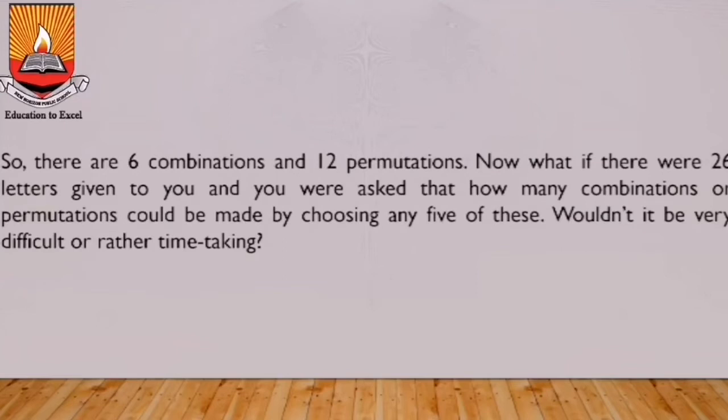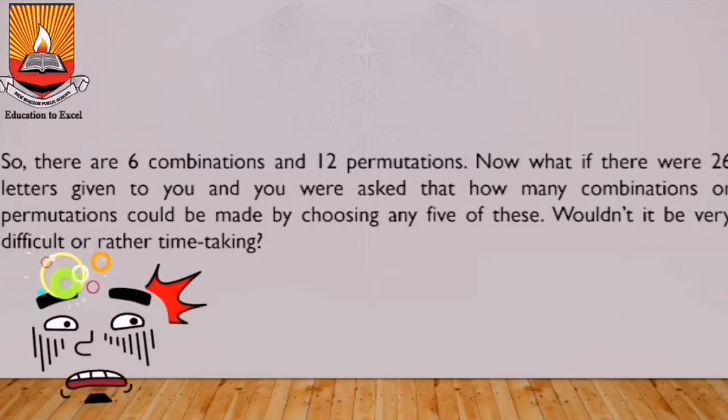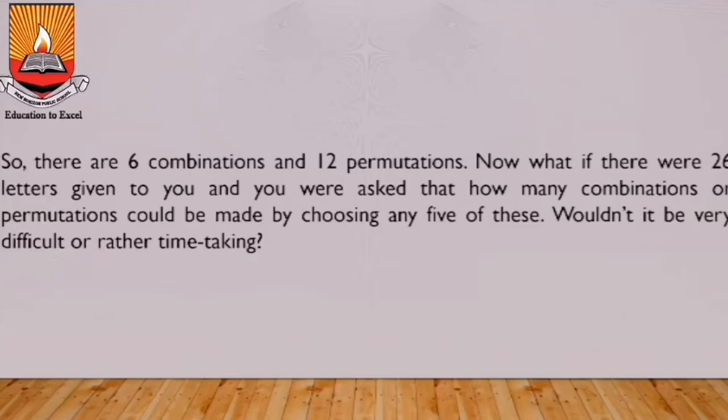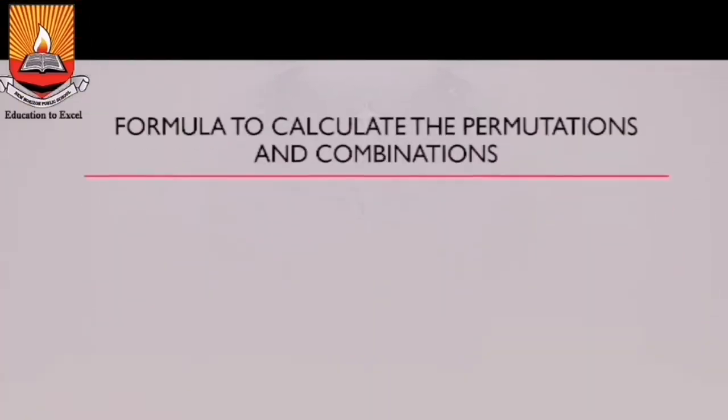But these we could calculate because the numbers were small. There were only 4 letters and we needed to choose 2 of them. But when there are 26 letters, and I tell you to just select 5 of them randomly, that would be a terrible job to do. And if I tell you that the order does matter, oh my god, you might just spend your whole life calculating that.